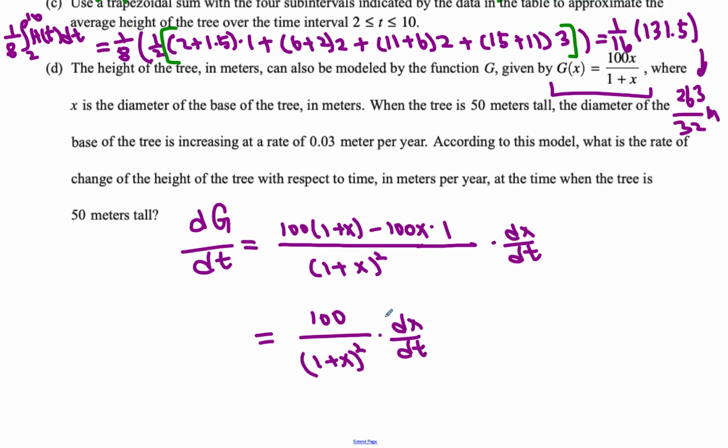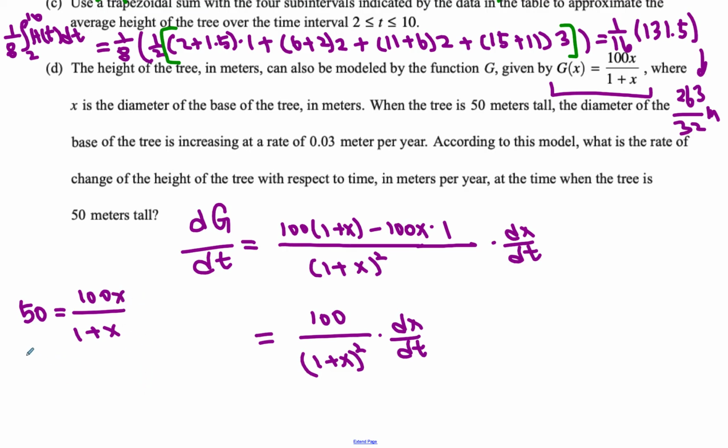And then what they said was when the tree was 50 meters tall. So what does it mean that the tree was 50 meters tall? I'm going to figure that out from the original function. 50 equals 100x over 1 plus x.